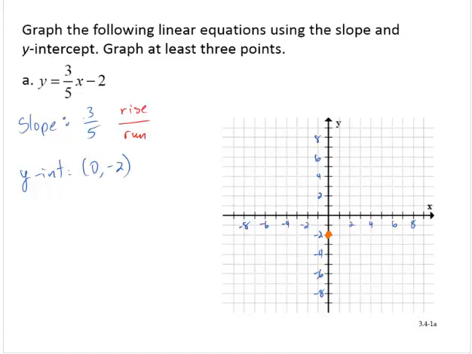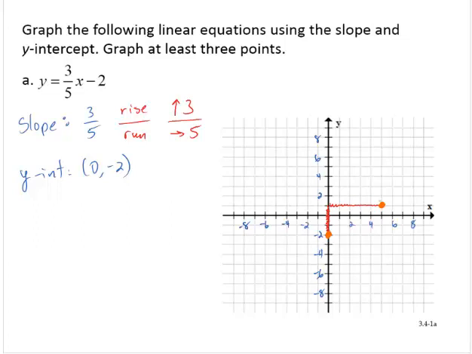So since the slope is 3/5, I'm going to move up 3, right 5. So from the point I've already plotted, (0, -2), I'm going to rise 1, 2, 3 units and run 1, 2, 3, 4, 5 units. And so that gives me a second point on the line.